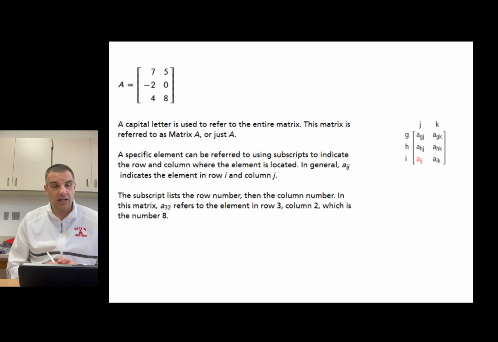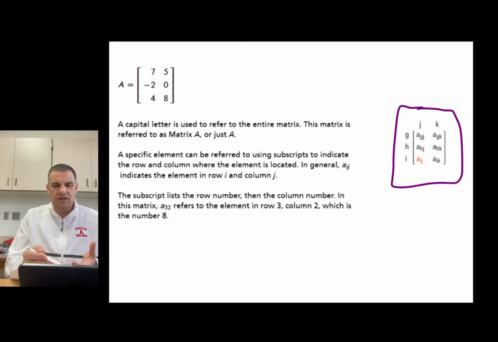Each piece of the matrix is called an element, and you can specify where that element is within the matrix. It's one of the things that this book really likes to do, is name these specific pieces within the matrix. If you want to read through that, you can certainly do that.